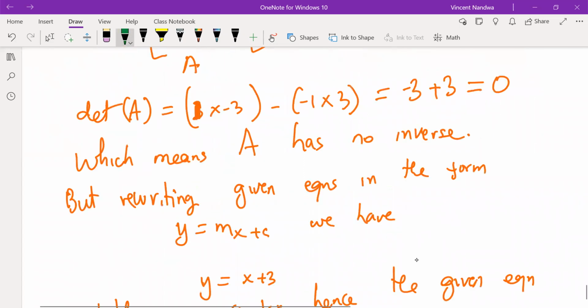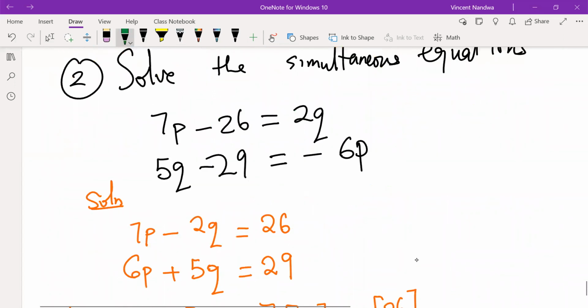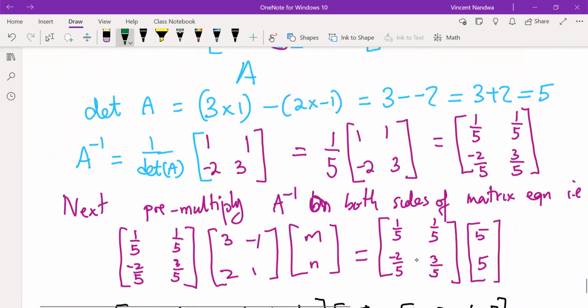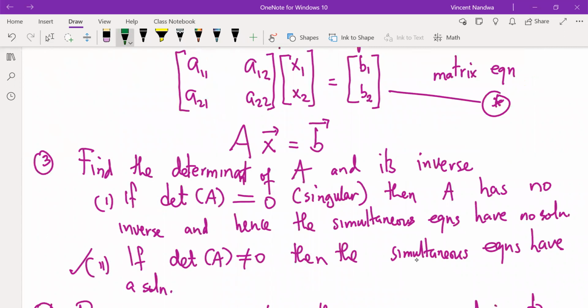So therefore, come and correct here on these steps. When the determinant is 0, we either have infinitely many solutions or we do not have. So determinant is 0, so M has no inverse, hence simultaneous equations have infinitely many solutions.